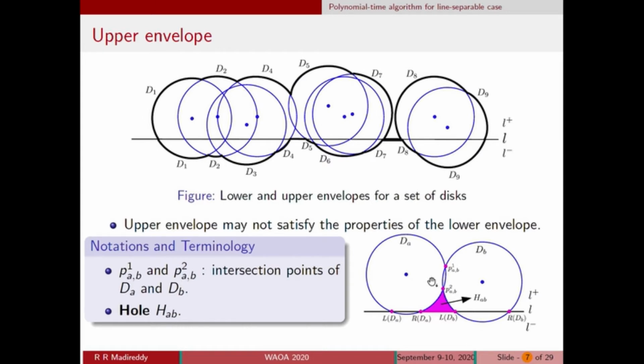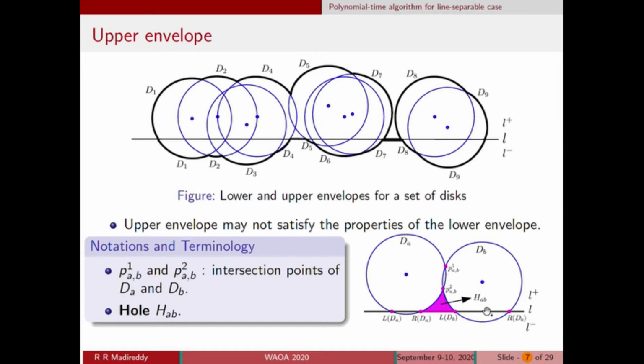We call those intersections PAB1 and PAB2. And if two disks intersect twice above the horizontal line L, then it forms a region, given in the pink shade, which we call a hole.